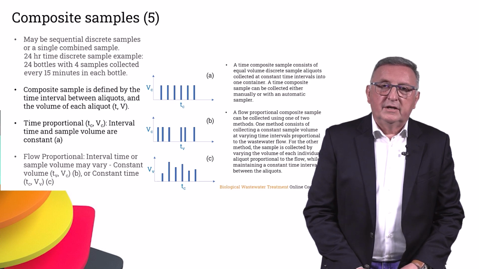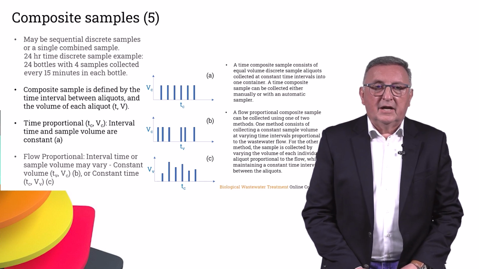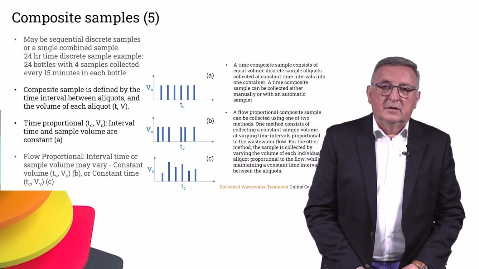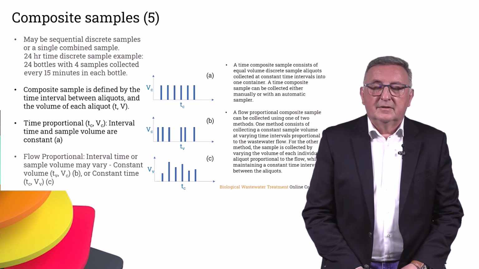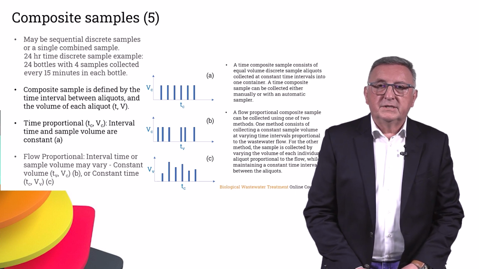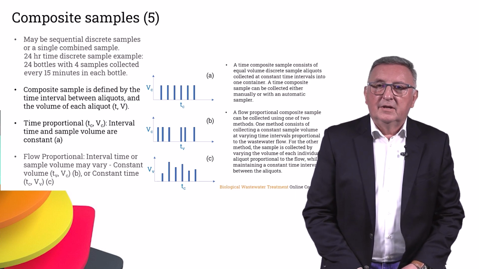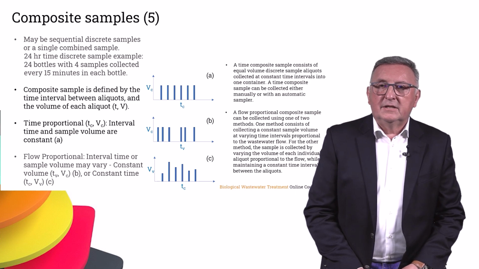It is shown in the graph A. Flow proportional sample is when the interval time or sample volume may vary. Option with a constant volume or constant time, depicted in picture B or C. A time composite sample consists of equal volume discrete sample aliquots collected at constant time intervals into one container.